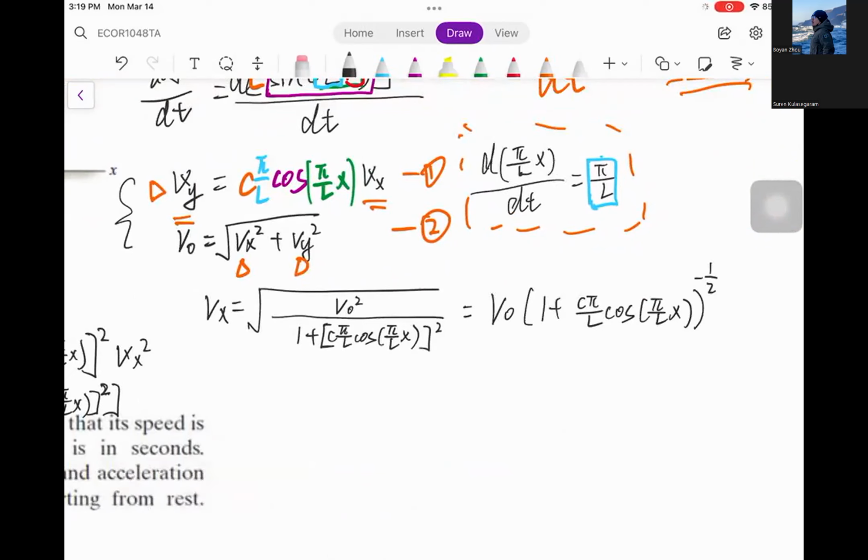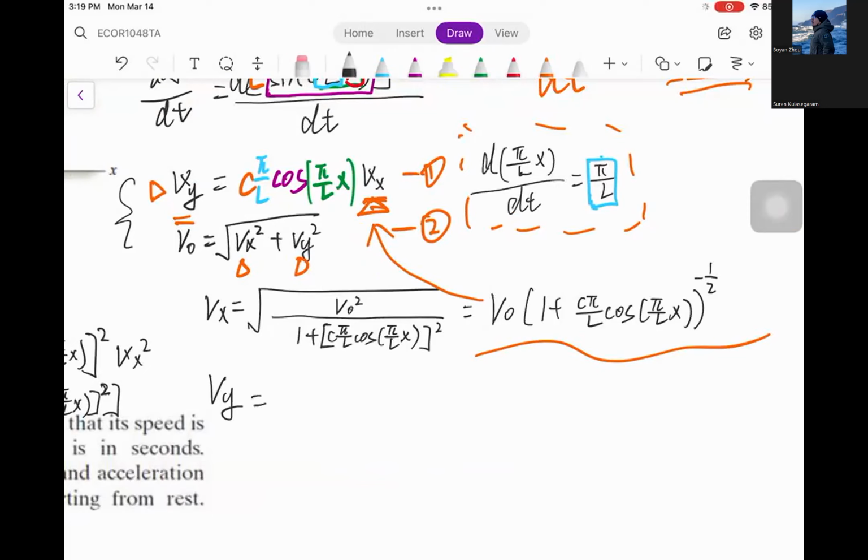So here's Vx and Vy. We know what Vx is, we just need to plug this equation into here to get Vy. So it's also just copying down everything.